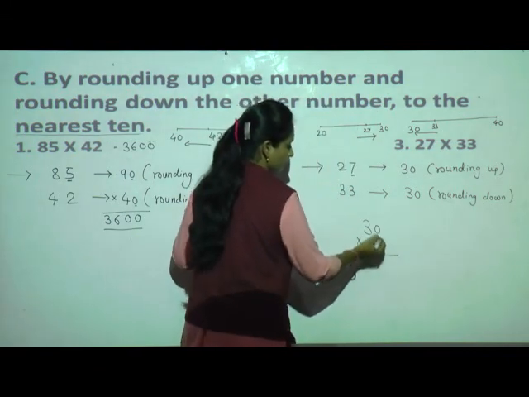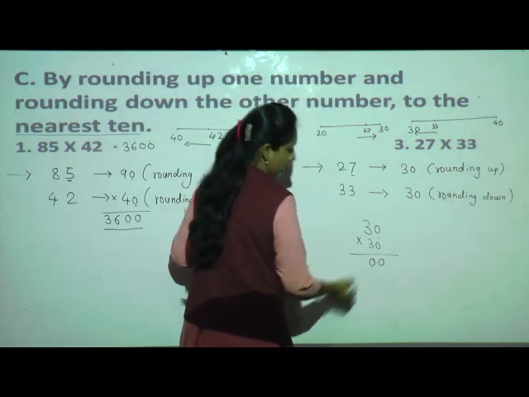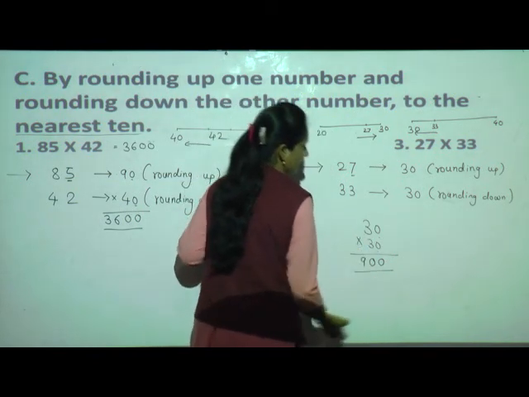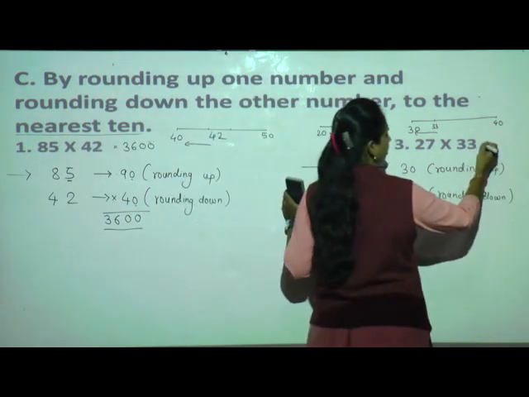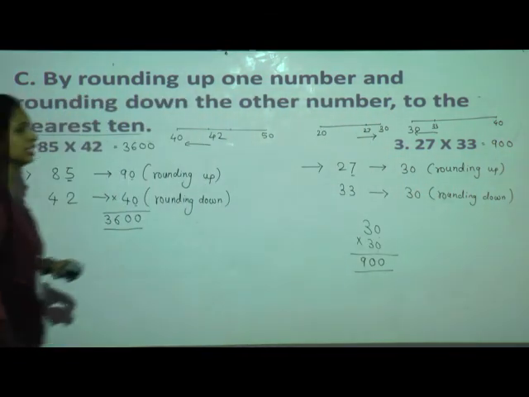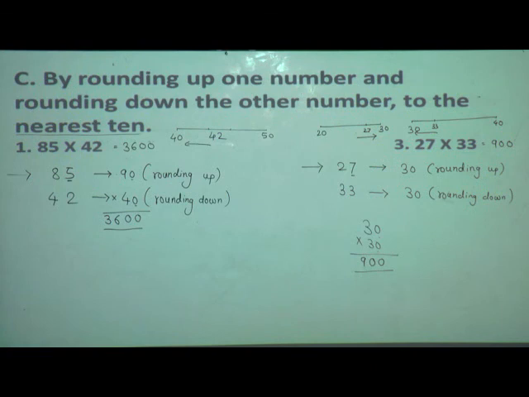So 0, 0. 2 zeros place as it is. Remaining numbers multiply. 3 3s are 9. What is the answer? 900. Got it? Clear till here? Understood? Very easy. Now we will move to the next question.